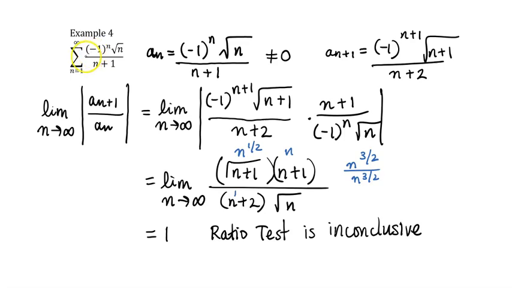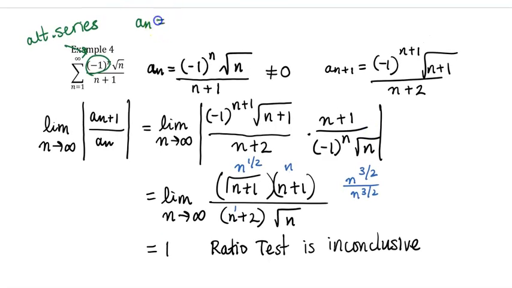Now, when we started example 4, you may have recognized this as an alternating series. And perhaps if you would see this problem on the midterm or a test or a quiz, you would automatically start with checking the alternating series test. You would let a sub n be everything else that was left on the inside of the series. You would need to discuss the fact that the limit as n approaches infinity of a sub n does equal 0, since the degree of the denominator is more than the degree of the numerator.